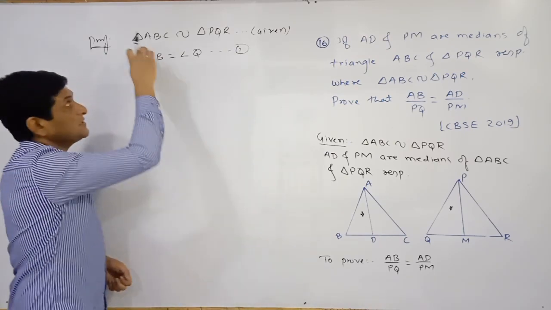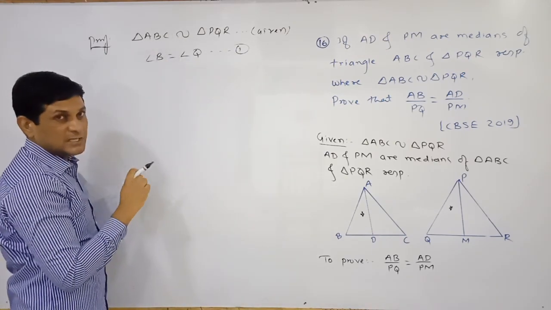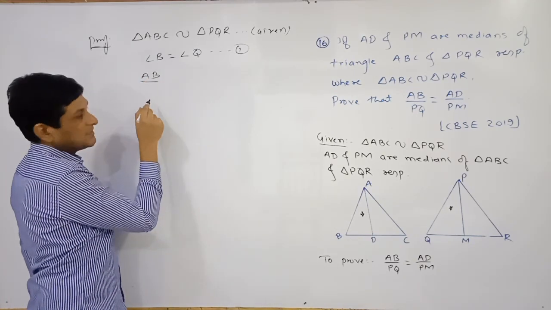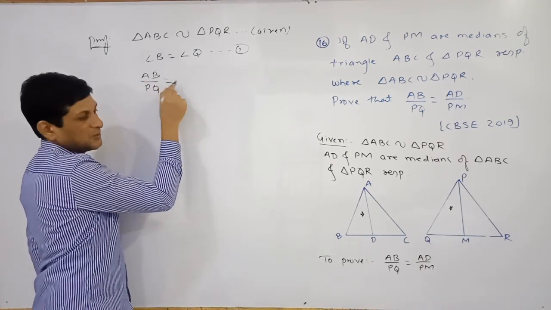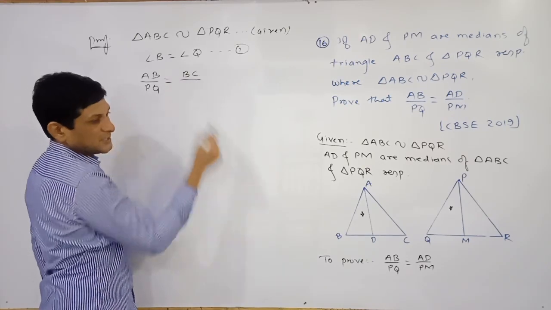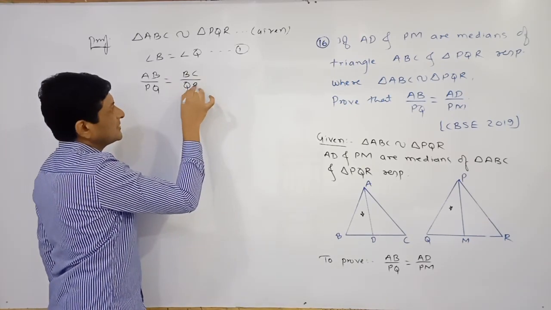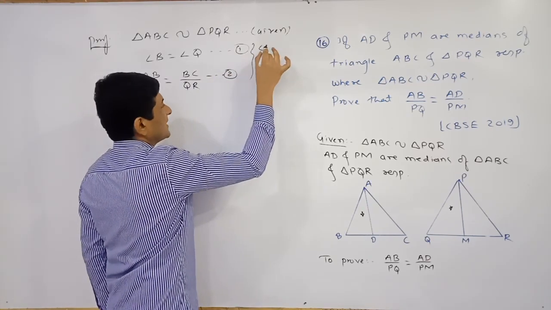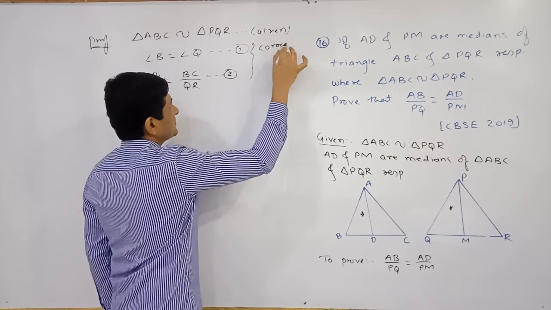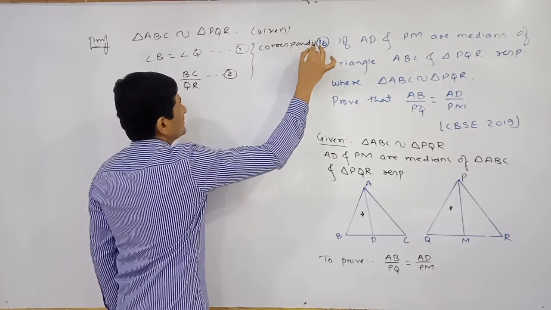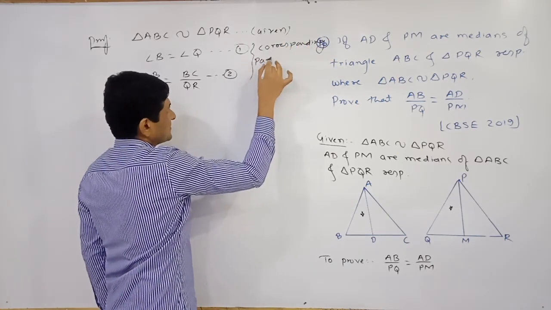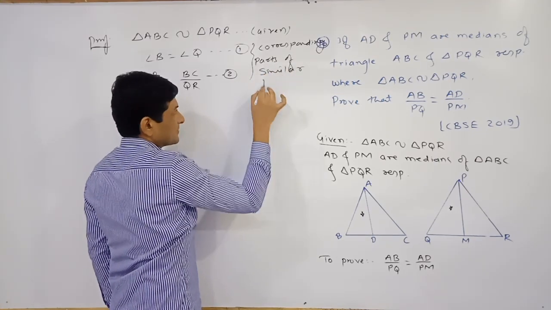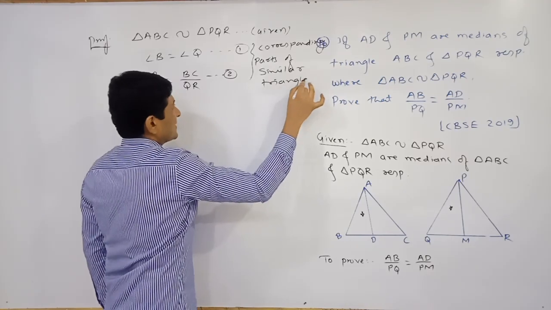Again, since these two triangles are similar, corresponding sides are in proportion, means AB upon its corresponding side PQ is equal to BC, and its corresponding side is QR. So these are nothing but corresponding parts of similar triangles.